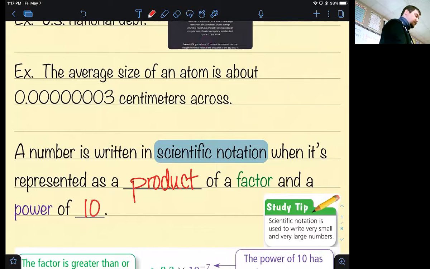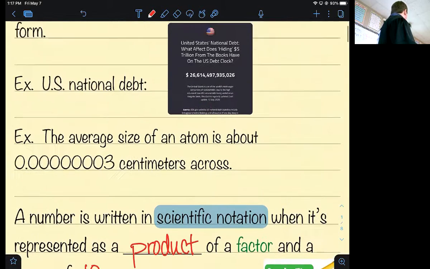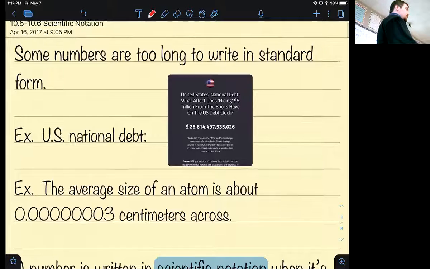You guys have seen this before on your calculators. When you have a number that's too big in your calculator, and some calculators use E for exponent, right? So we're going to look at some of that today. What your calculator is doing is writing it in scientific notation because it can't fit all the digits on the screen. Okay. So we write numbers that are very, very small and very, very large using exponents.